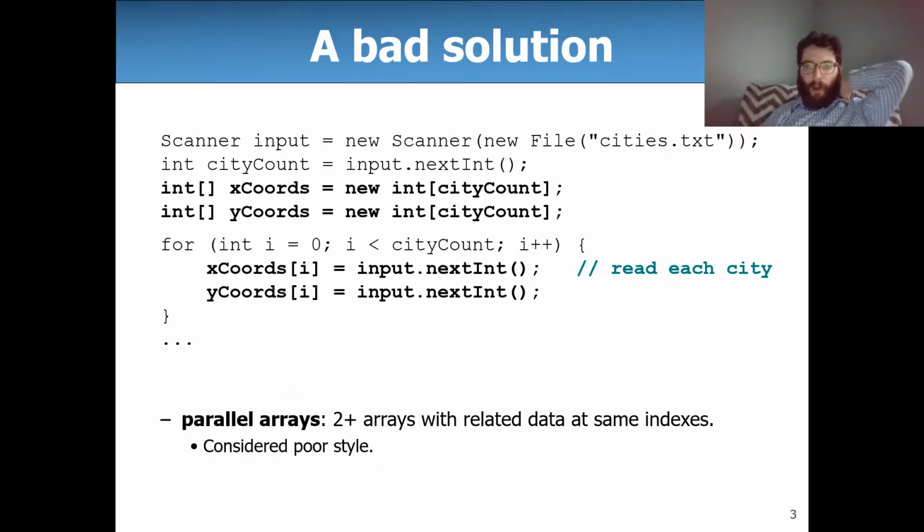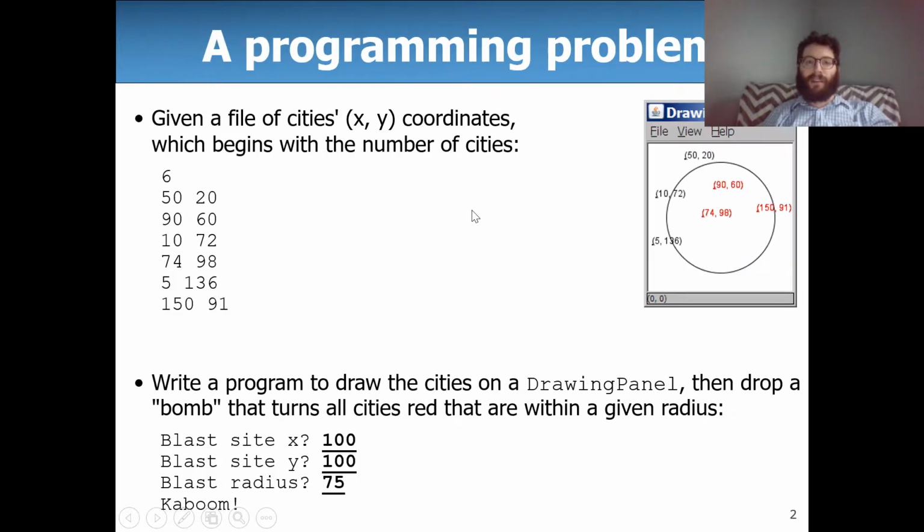We could create one array. The alternative is that we could create one array that's twice as big as the city count, right? And index 0 would contain the first city's x coordinate. Index 1 would contain the first city's y coordinate. Index 2 contains the second city's x coordinate.